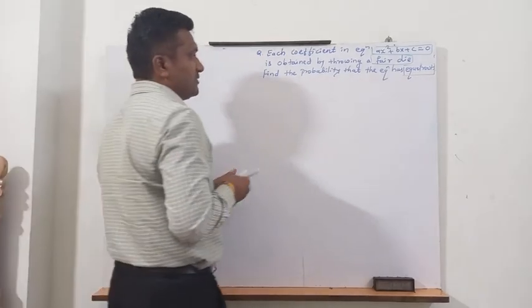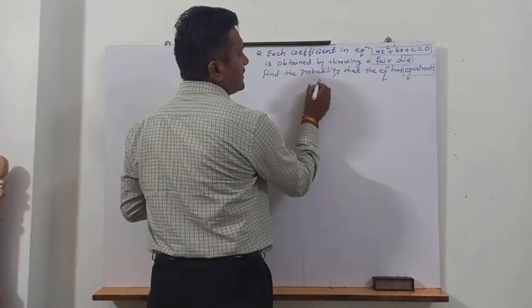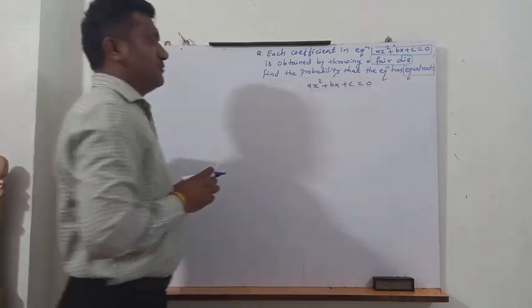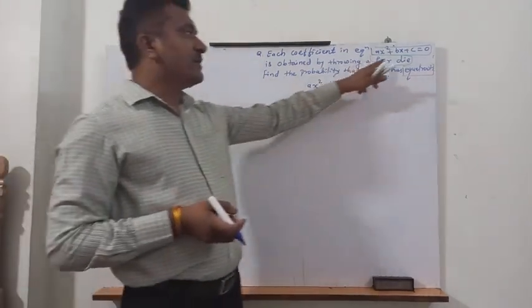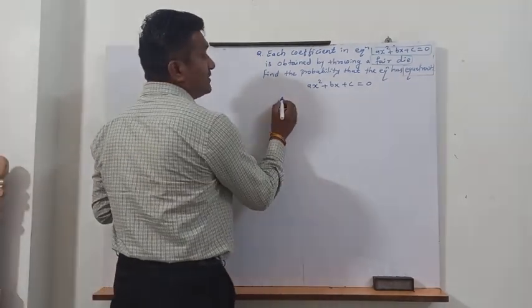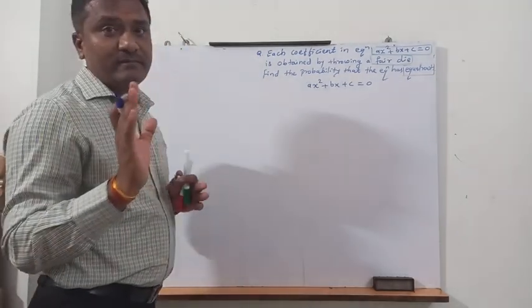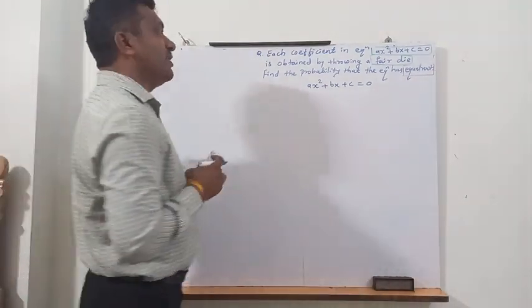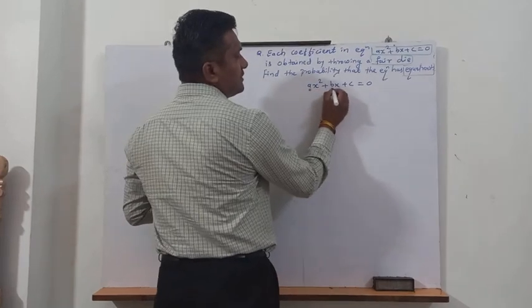The first thing, what is the equation we are having? Ax square plus bx plus c equals 0. A fair die, when you toss a fair die, how many possibilities are there in total? 6 possibilities are there. A die is having 6 numbers from 1 to 6. And how many coefficients are there in total? 3 coefficients.